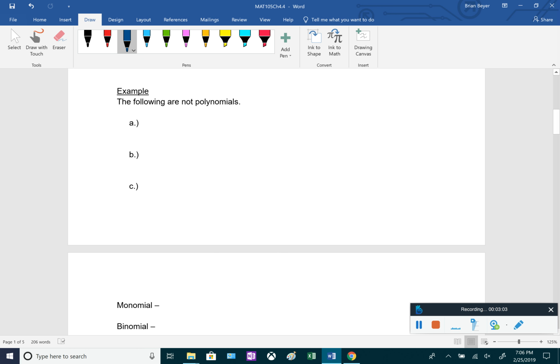Some examples that are not polynomials, we could have something like 2 times the square root of x minus 4x squared plus 5. This is not a polynomial because we can rewrite that square root as 2x to the 1/2 minus 4x squared plus 5. So the part that makes it not a polynomial is the 1/2 exponent.